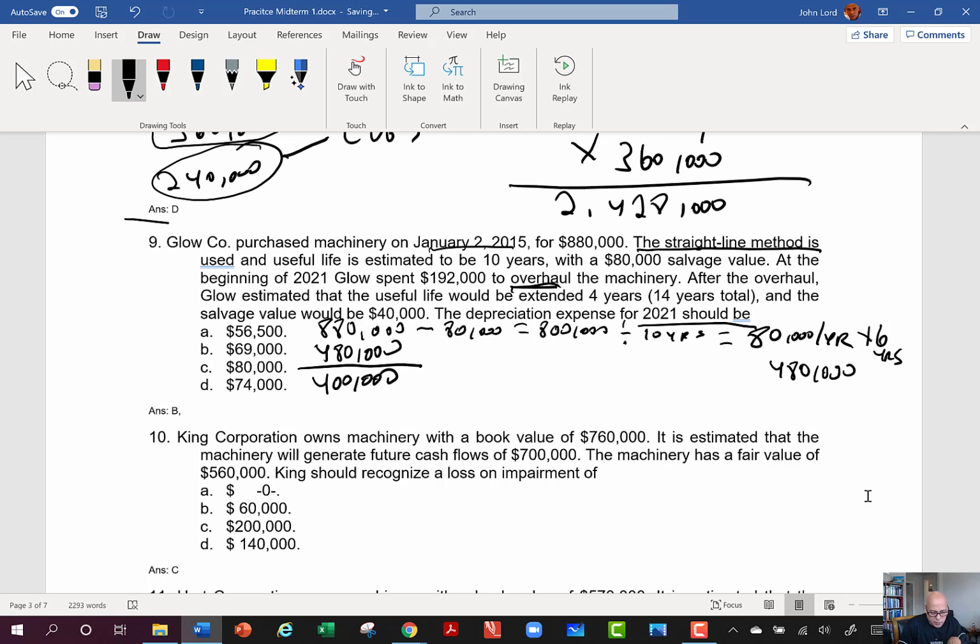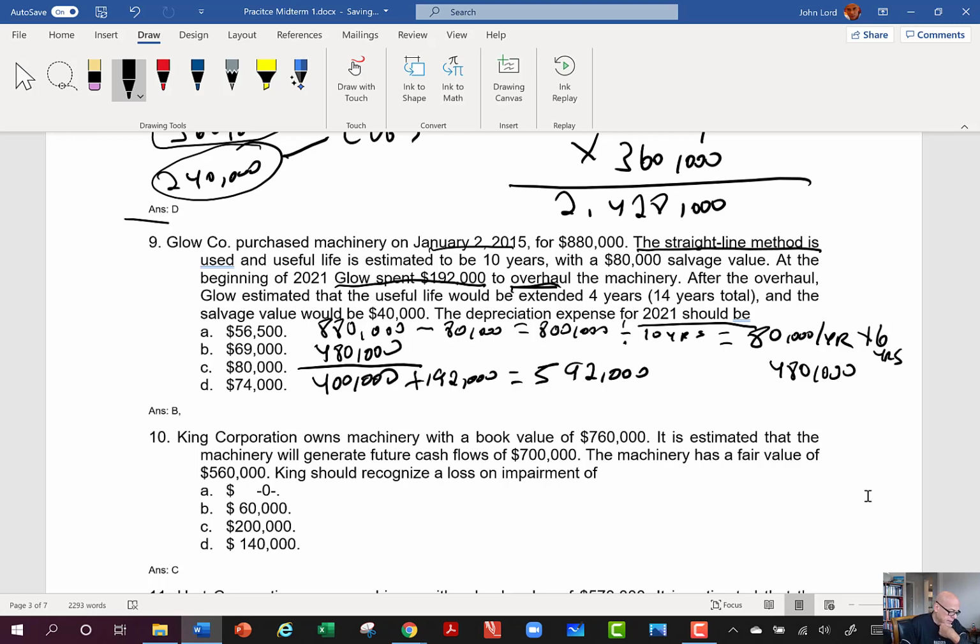If it's a repair, you expense it, right? Overhaul, major repair, we're going to have to capitalize. So we take that 400,000, and they tell us they spent 192,000. That means I'm going to have to depreciate over the remaining useful life 592,000.